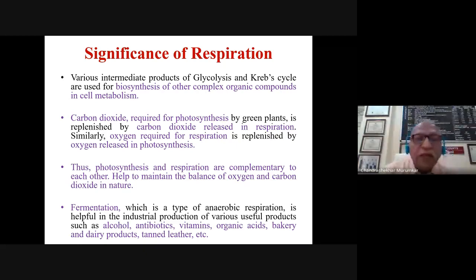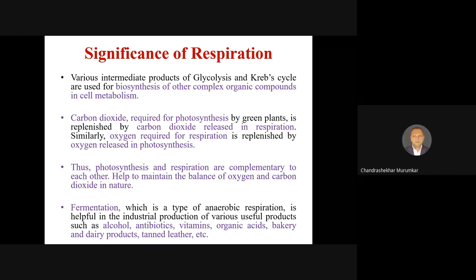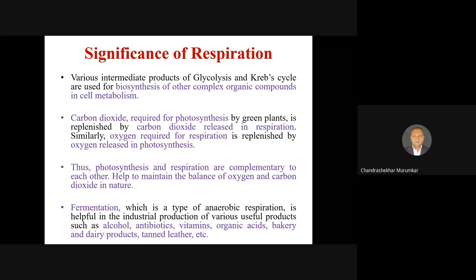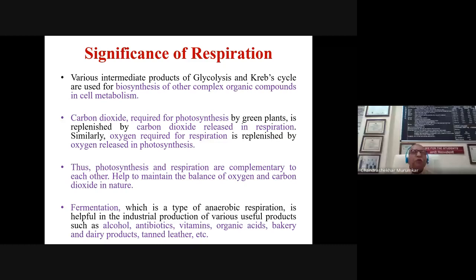Fermentation, which is a type of anaerobic respiration, is helpful in the industrial production of various useful products such as alcohol, antibiotics, vitamins, organic acids, bakery and dairy products, and also during the tanning process where the skin is converted into tanned leather. And this is the way the respiration is important from the physiological point of view.